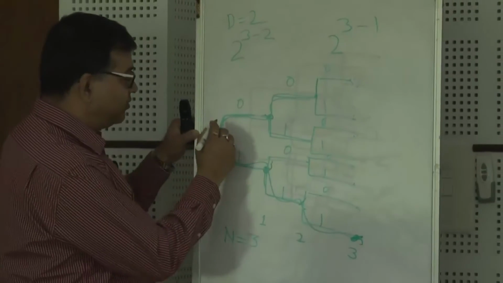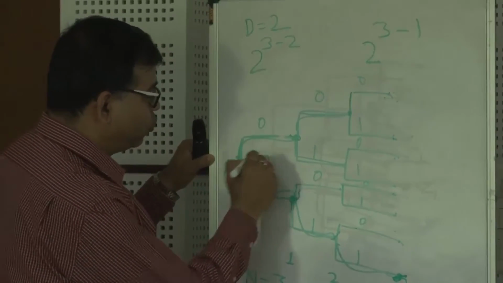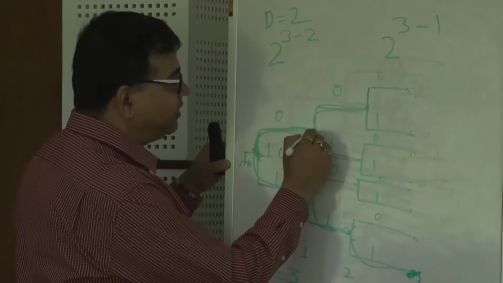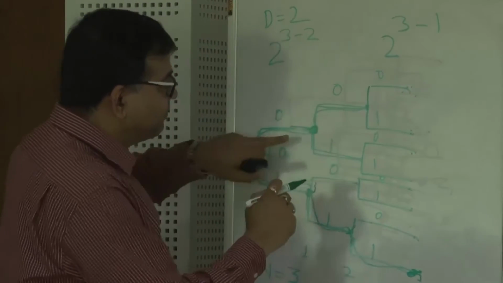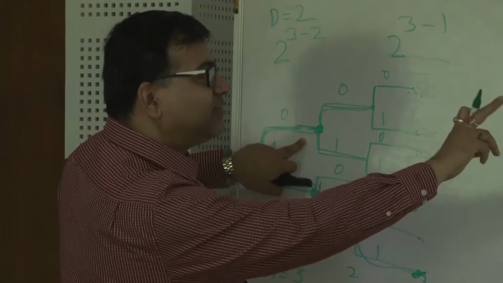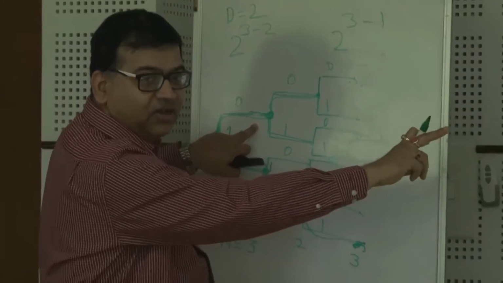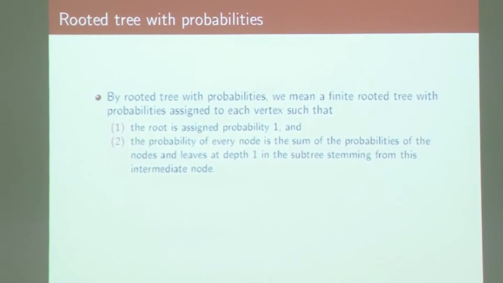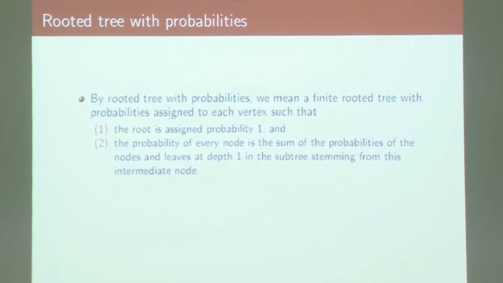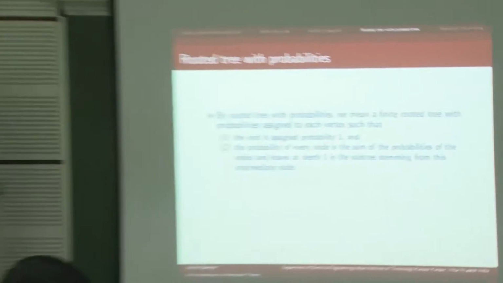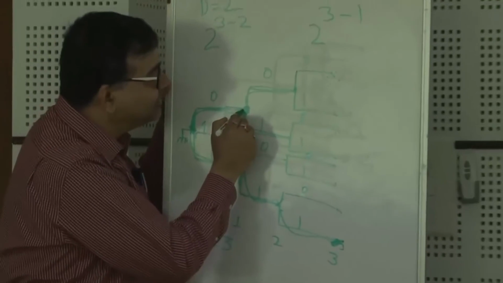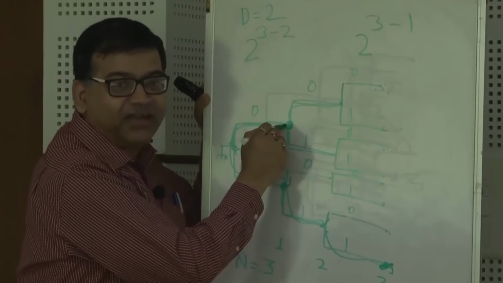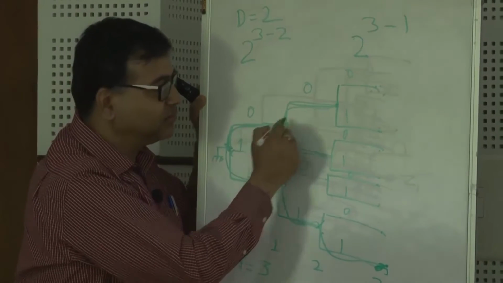Root will have probability 1. So, this has probability 1. Now, what is the probability of this? I am saying it is the sum of probabilities of the nodes and leaves at depth 1 in the subtree stemming from this intermediate node. So, I am looking at this. Now, what are the nodes and leaves at depth 1 from this?